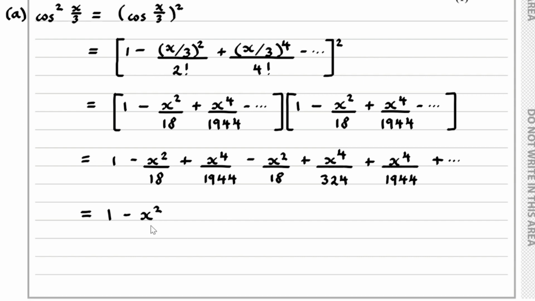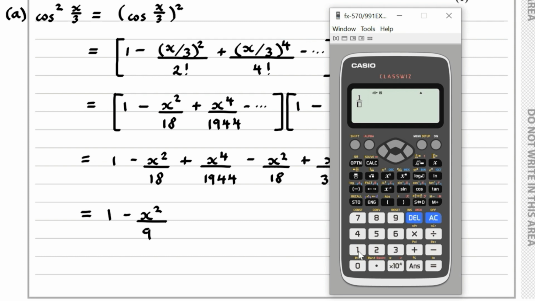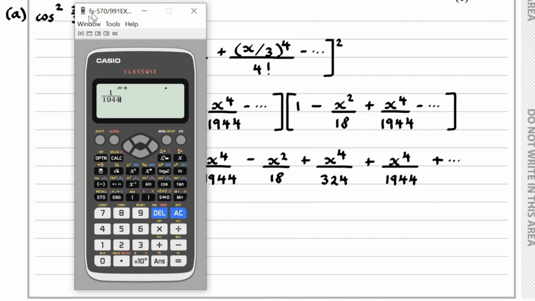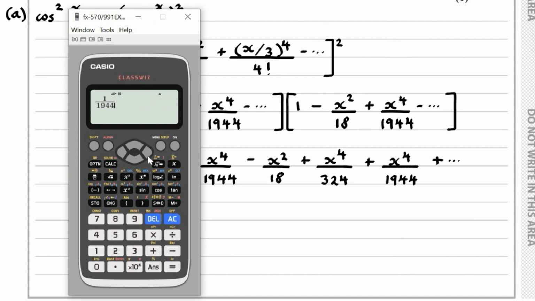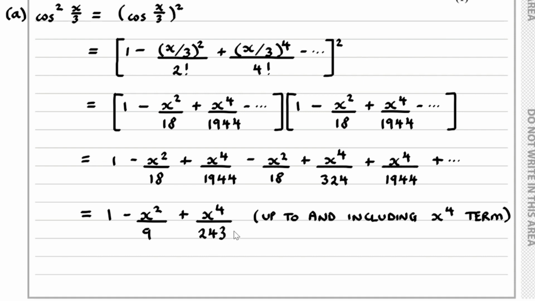That's minus x squared over 9. And then we've got 1 over 1944, we add on 1 over 324, and then we add on another 1 over 1944. So we've got two lots of this. So we add on x to the 4 over 243. So we have worked out the series expansion up to and including the x to the 4 term.